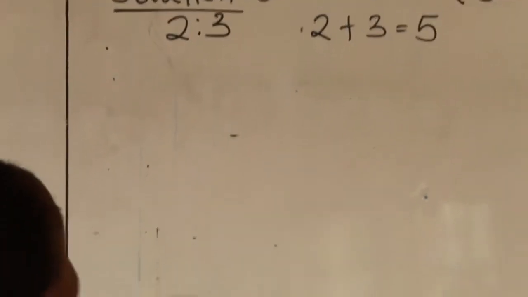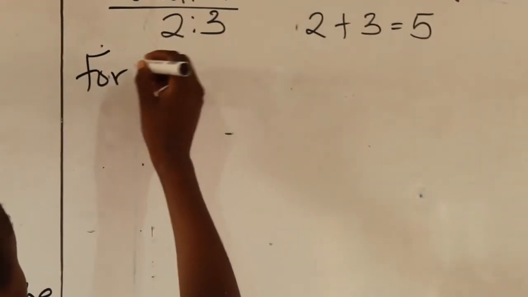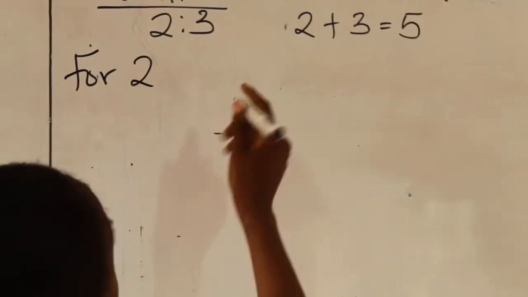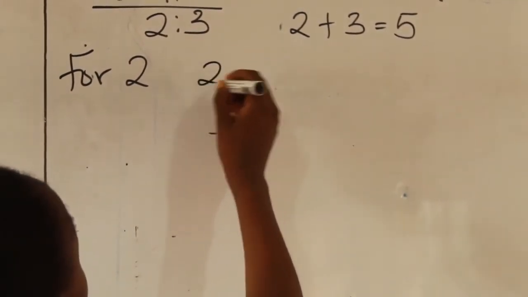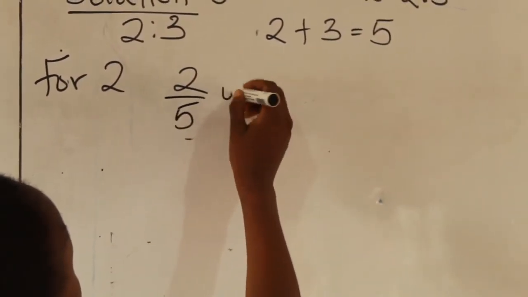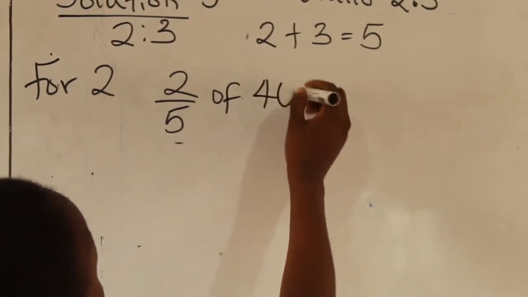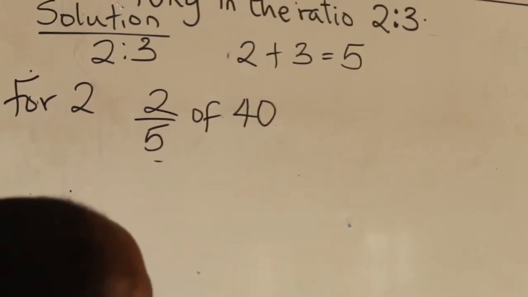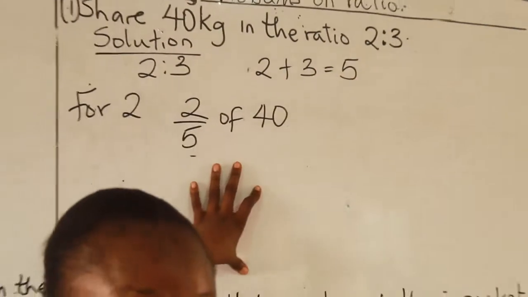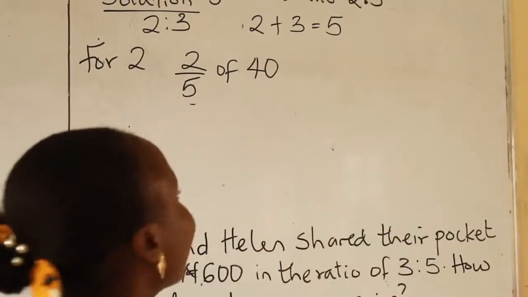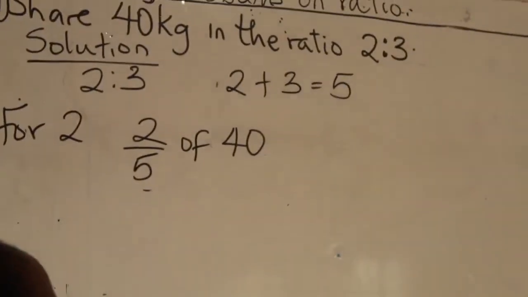For 2, we'll do 2 over 5 of 40. At the end of our calculation, we'll write down our units, which is kg.